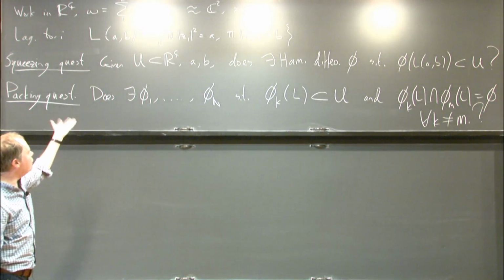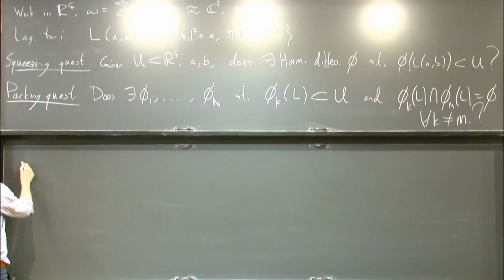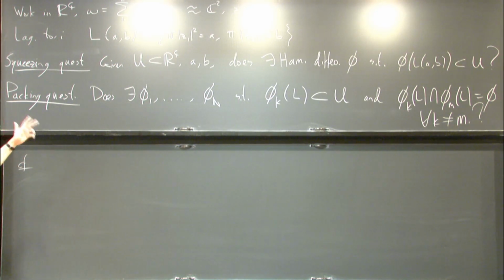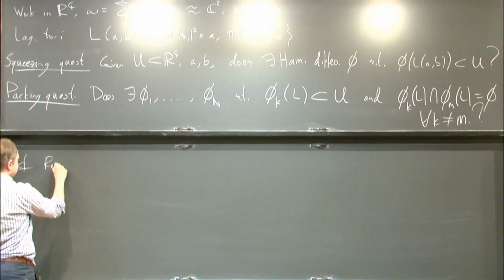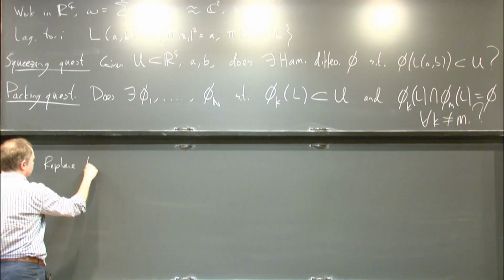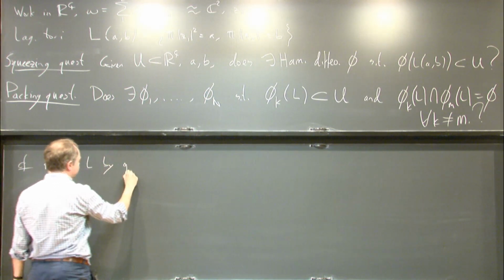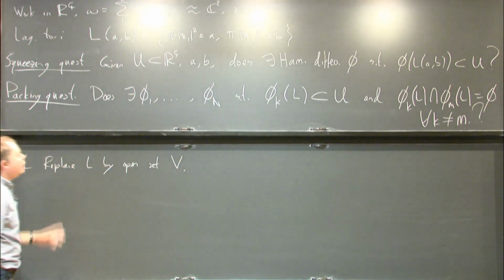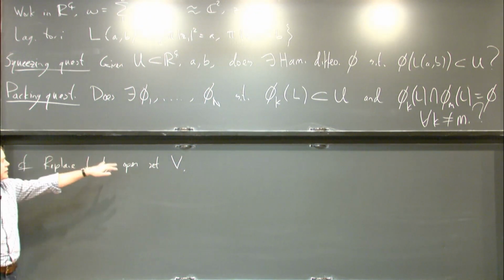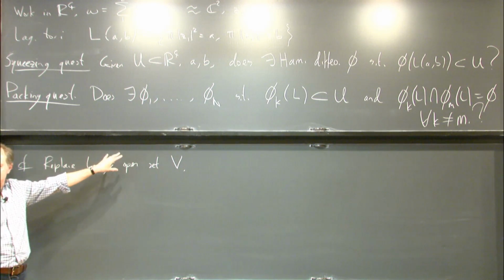So what's novel? These things have been well studied if, instead of a Lagrangian, you have another open set V. The difference is that in this case there are volume obstructions.